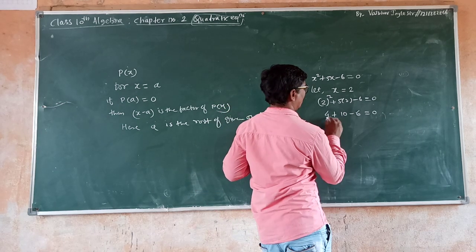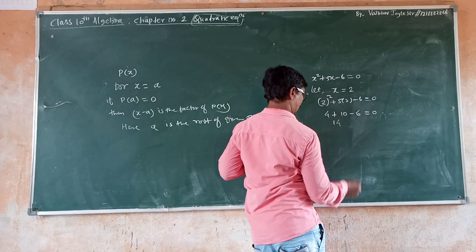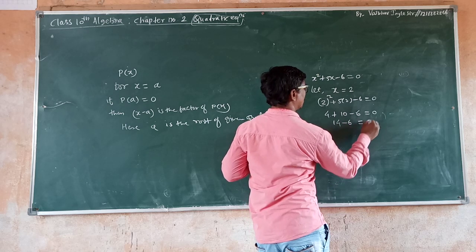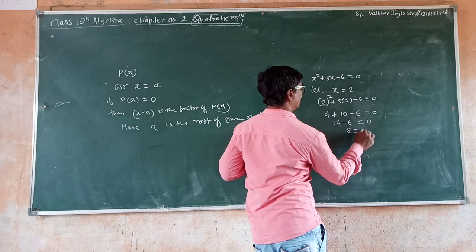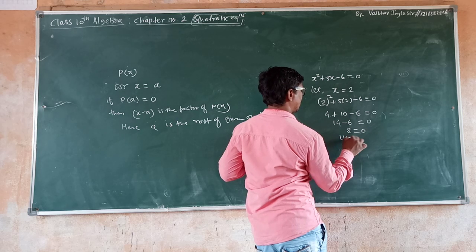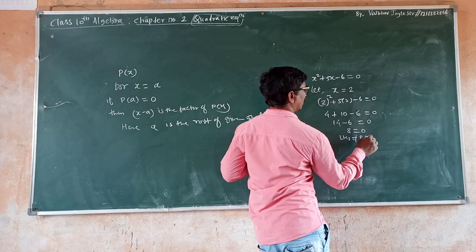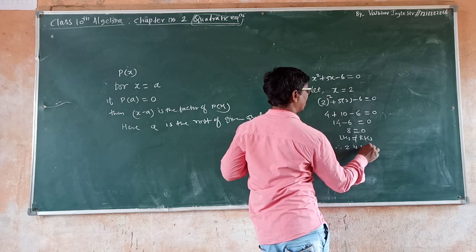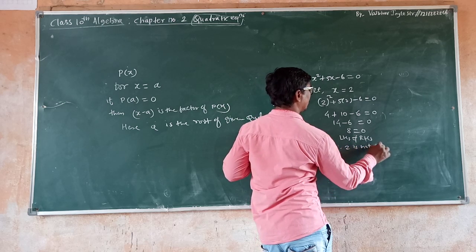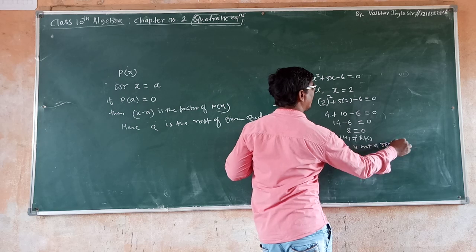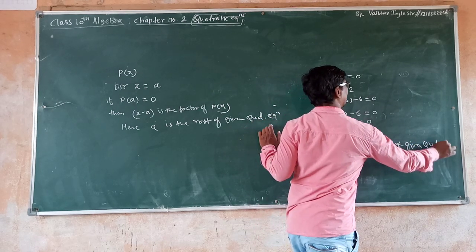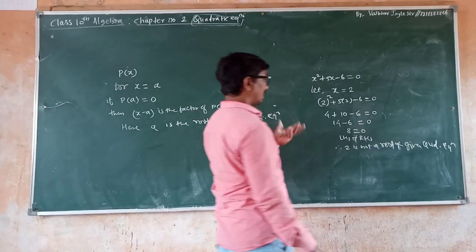So 14 minus 6 will be 8, which is not equal to 0. So LHS is not equal to RHS, therefore 2 is not a root of the given quadratic equation. Now we'll check another value.